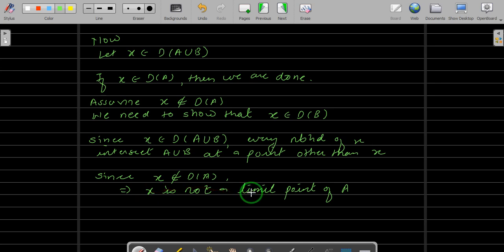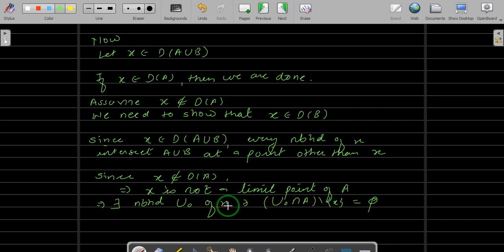That is a negation of the definition of when we say x is a limit point of A. So this implies there exists a neighborhood, let us take say u suffix naught of x, such that it will not contain a point of A. So u naught intersection A, and from this we will remove this x, this will be empty. Note this equation. We will use this equation in the coming time.